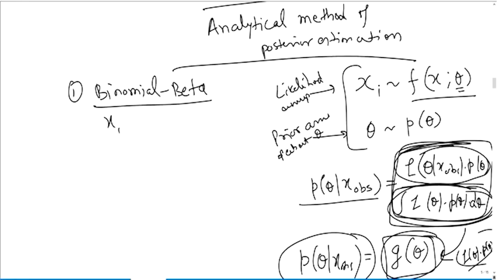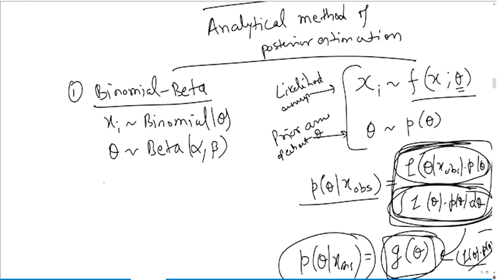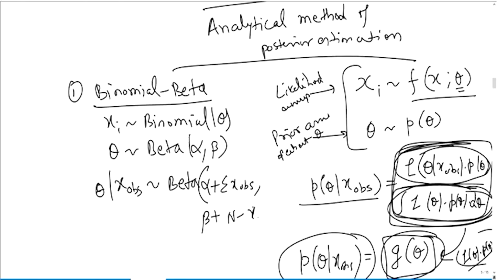For example, if x i comes from binomial theta and theta comes from beta alpha beta, then the posterior distribution of theta given some data x obs is given by a beta distribution, where the first shape parameter would be alpha plus the summation of the observed data points, and the second would be beta plus n minus the summation of the observed data points.